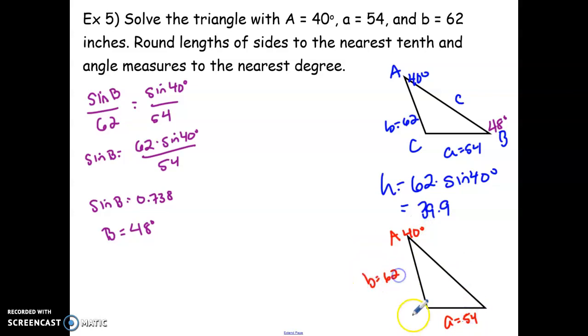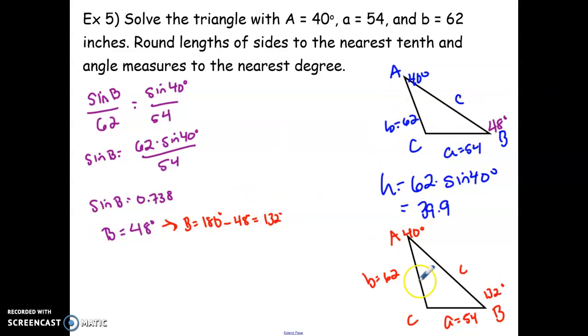B is 62, don't know C. Now, B here is 48, but using that as a reference angle, there's also another angle that is less than 180 degrees. That could be possible. So if I do 180 minus 48, I get 132 degrees. Okay, so we need to actually solve for both these triangles.